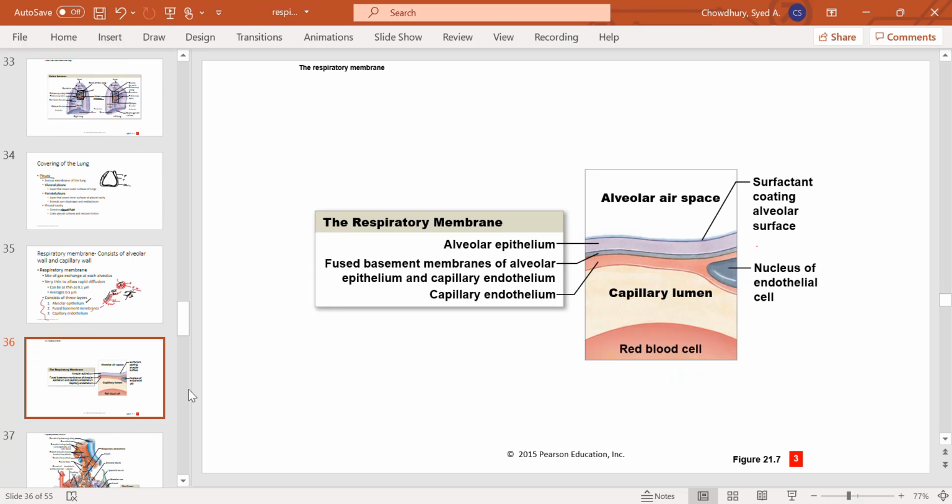So here you see the same thing. Fused basement membrane is this one in between, and this is the alveolar epithelium, this is the capillary endothelium. Okay, so from the alveolus, O2 goes to the blood, and from the blood, CO2 goes to the alveolus.